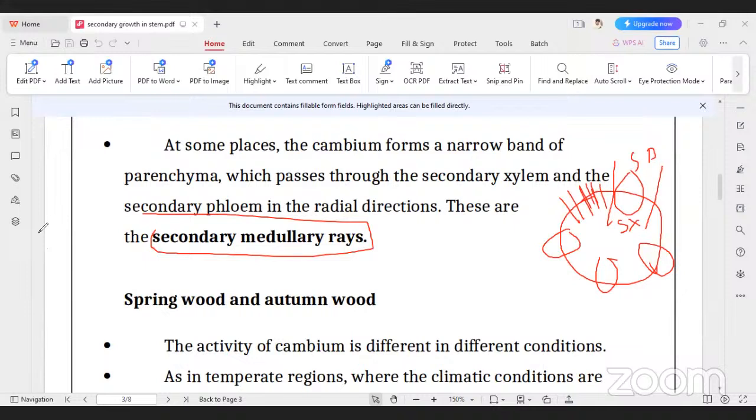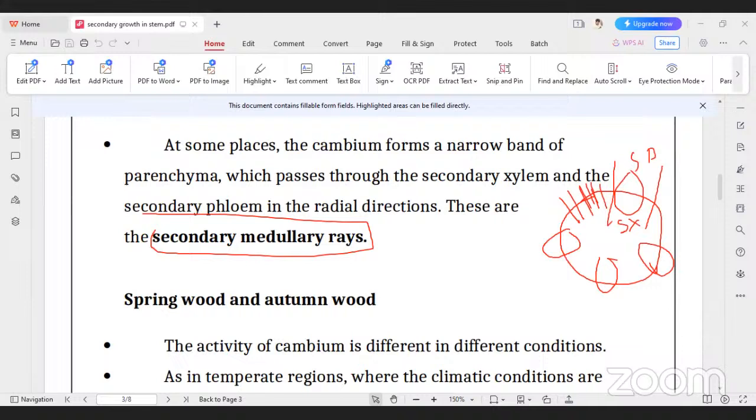Now let's see how growth rings or annual rings are formed. After that, heartwood and sapwood. Growth rings, or annual rings, are mainly formed in temperate or cold regions due to the activity of the cambium ring.